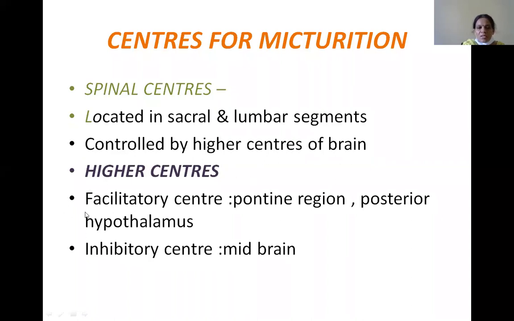Of the higher centers, we have two areas: one is in the pons, the major area being the pontine region, and the other is in the midbrain. The pontine region is the facilitatory center, whereas the midbrain is the inhibitory center.